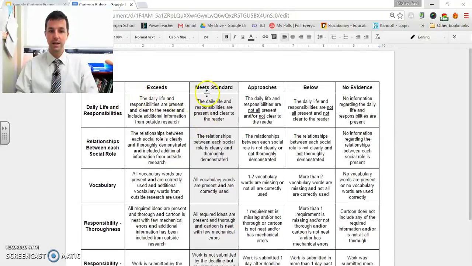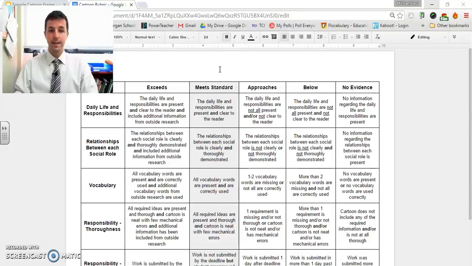To meet standard for daily life and responsibility, the daily life and responsibilities of your assigned topic, for example, serfs and peasants, need to be clear and present. So they have to be there, but they also have to be clear to the reader. That way they can actually see and read about the responsibilities and daily life of your assigned topic.